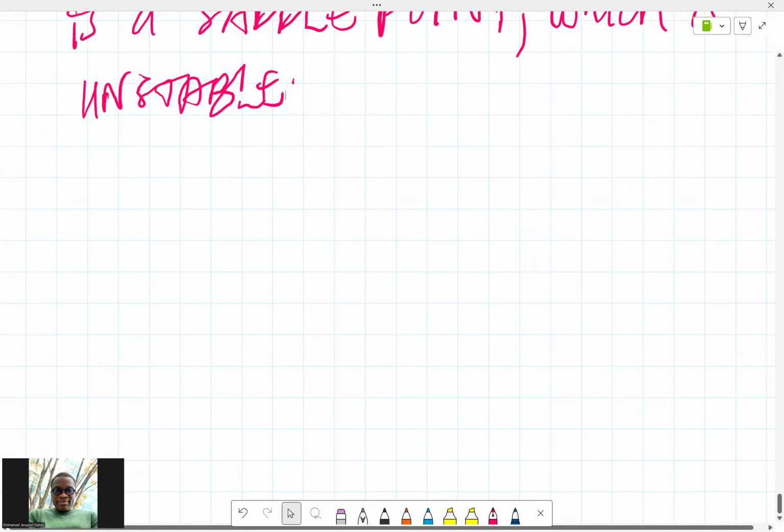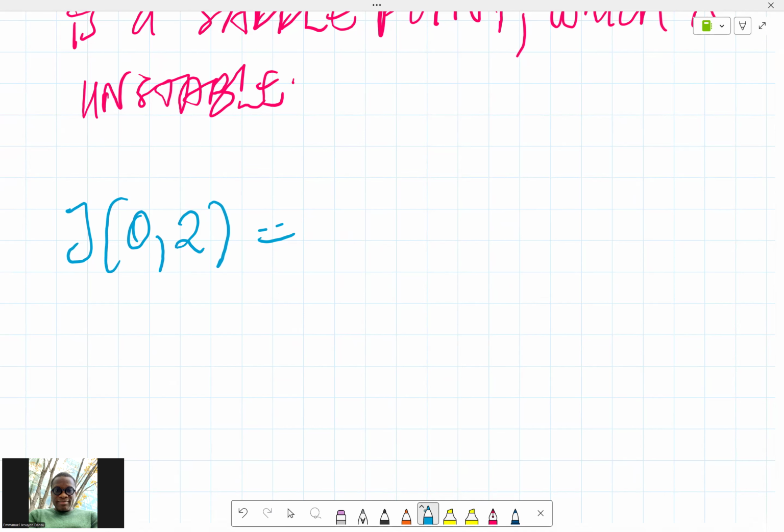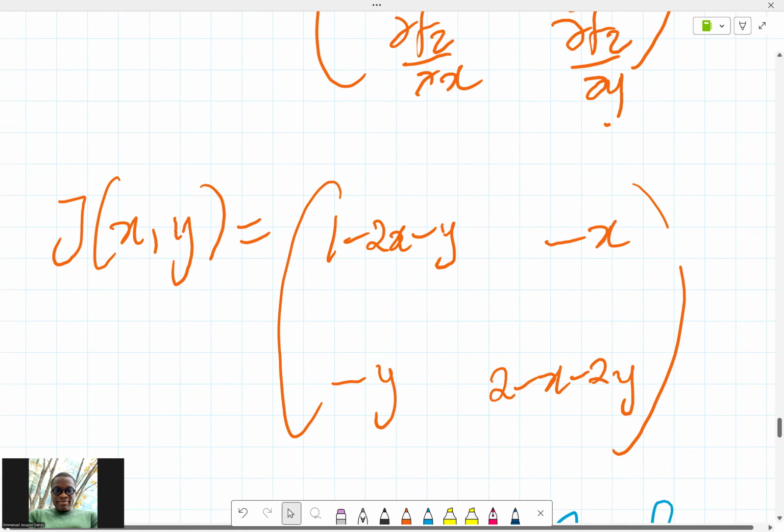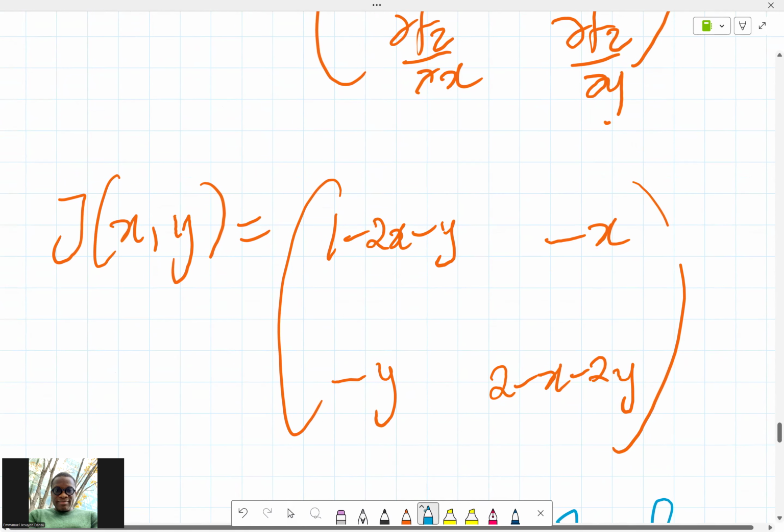J02. So J02, that's the third equilibrium point. So X is 0, Y is 2. So we go here again. So 1 minus Y, 1 minus 2, that's minus 1. X is 0, so this is just 0 down here.